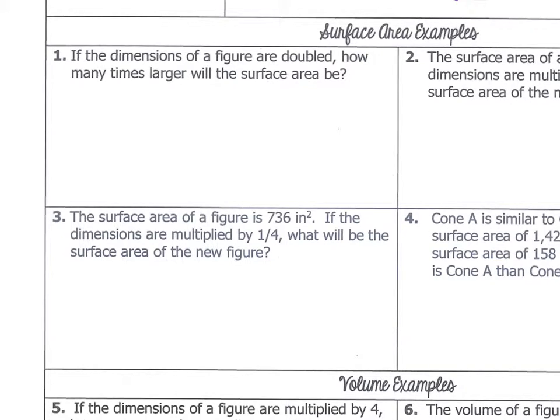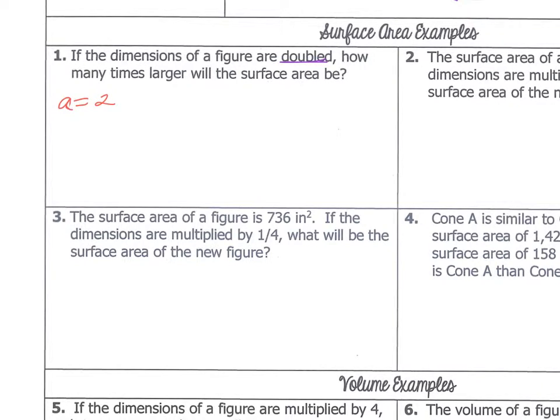All right, so if the dimensions of a figure are doubled, so keyword there, they're doubled, how many times larger will the surface area be? If they're doubled, then they're telling you that A is equal to 2.